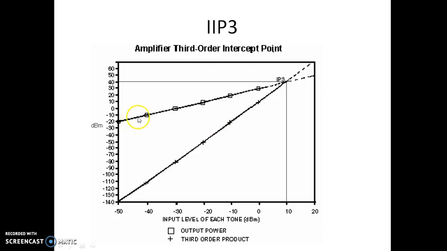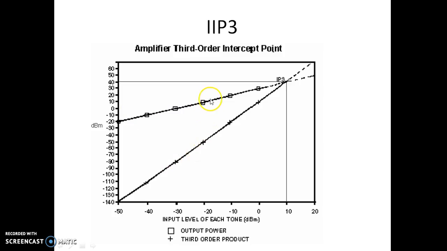So this is the actual power and this is the third harmonic of the same input signal. You can see the output for the third harmonic increases fast compared to the fundamental frequency. This is slowly increasing, this is increasing very fast.